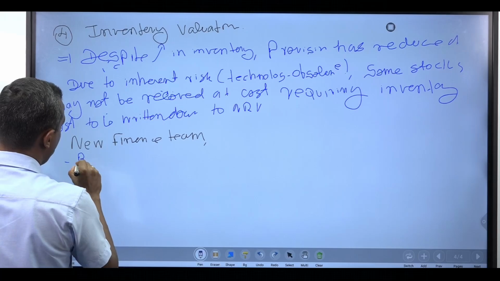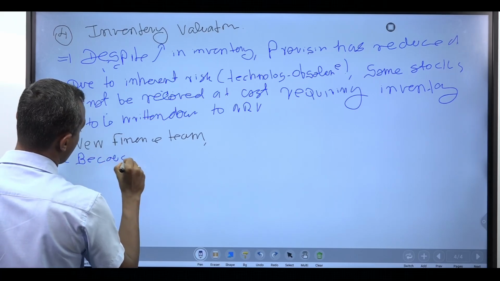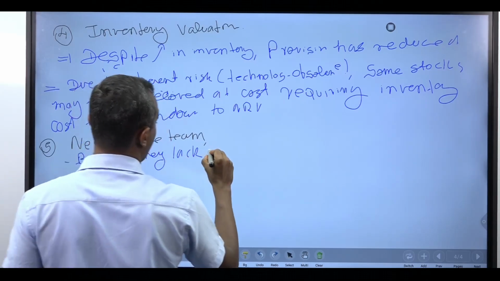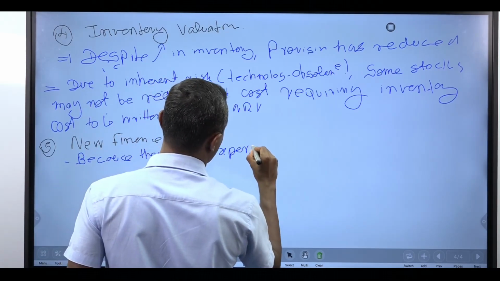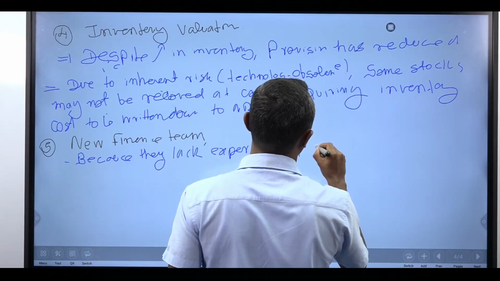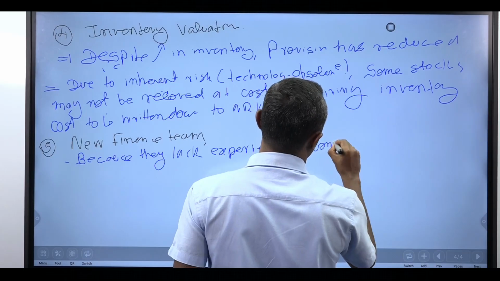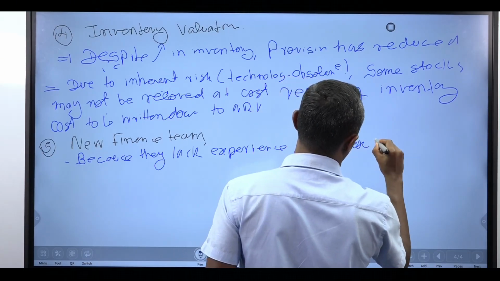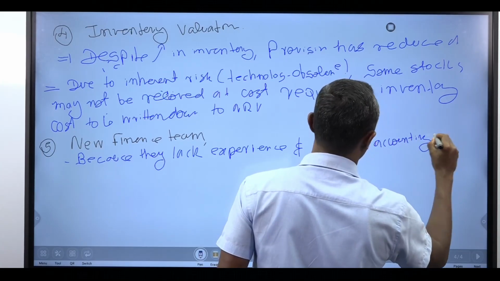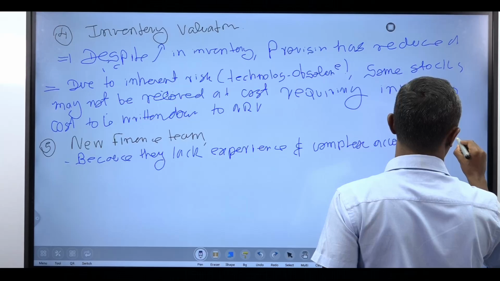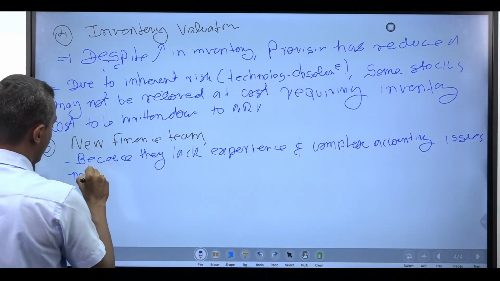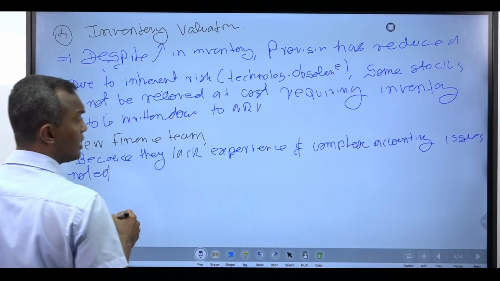Because they lack experience and complex issues we already highlighted, right? Complex accounting issues, significant complex or significant accounting issues noted. Either errors or wrong judgment, right?